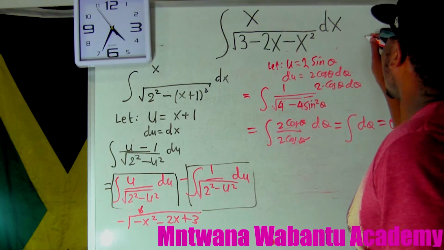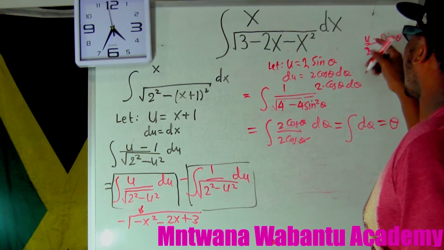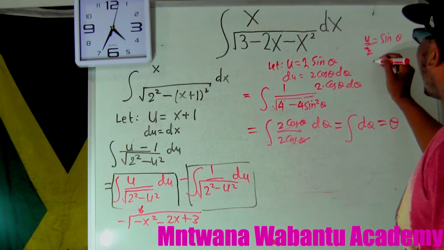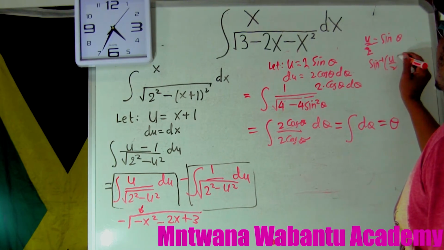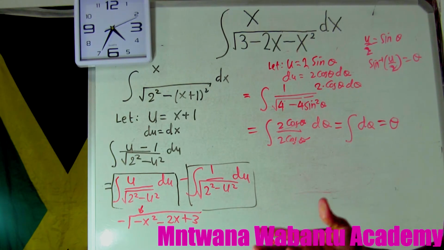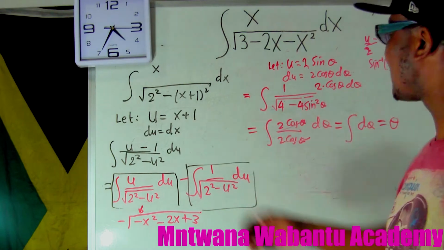Going back, dividing by 2, u over 2 equals sine theta. But we want theta, so theta equals sine inverse, or arc sine, of u over 2. Sine inverse and arc sine are the same thing. But what is u? u equals x plus 1.